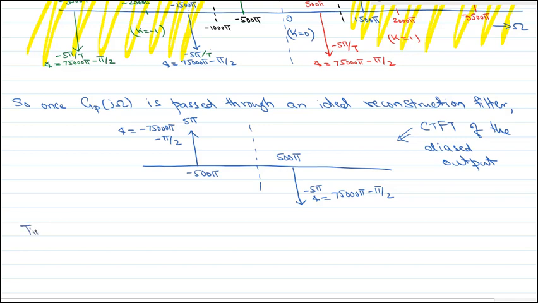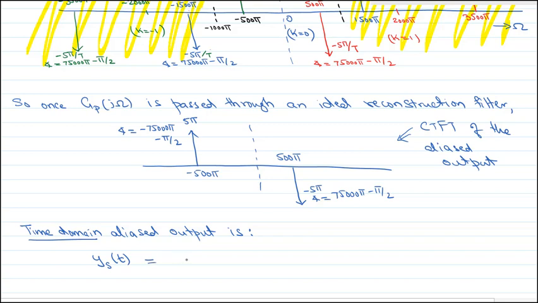So in time domain, you can simply read that out using again the expression. So the time domain aliased output, let me call that y s of t, which is the output due to the sine.